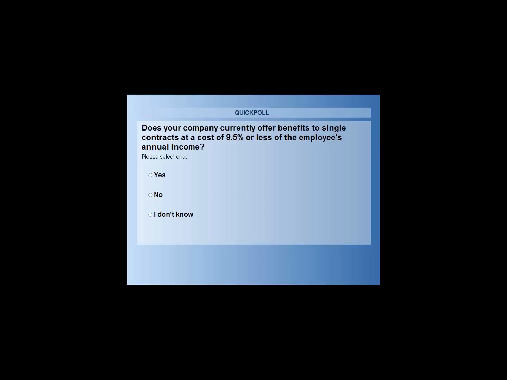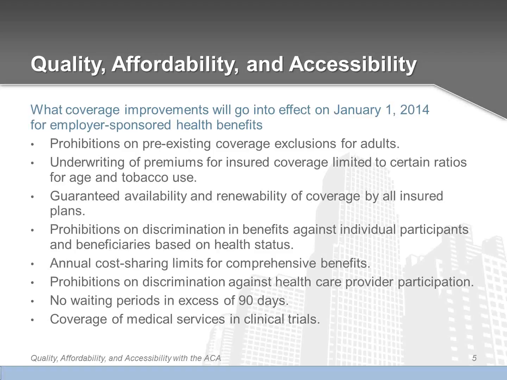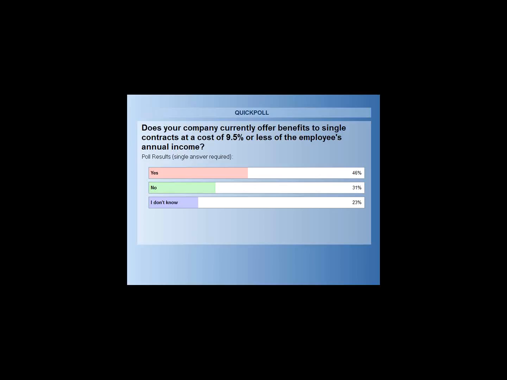Okay, with 93% of the vote in, here is your results. 46% said, yes, we currently offer our plans to single contracts where the cost is 9.5% or less of their total compensation. Good.